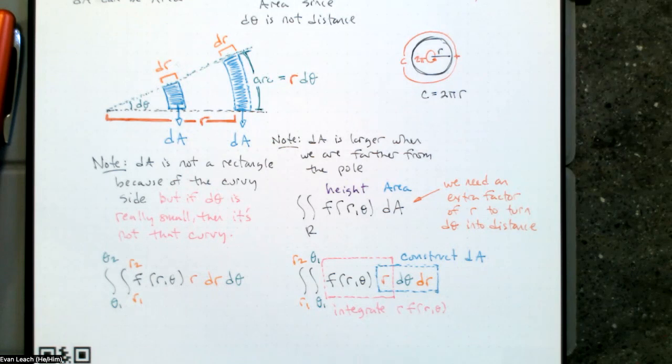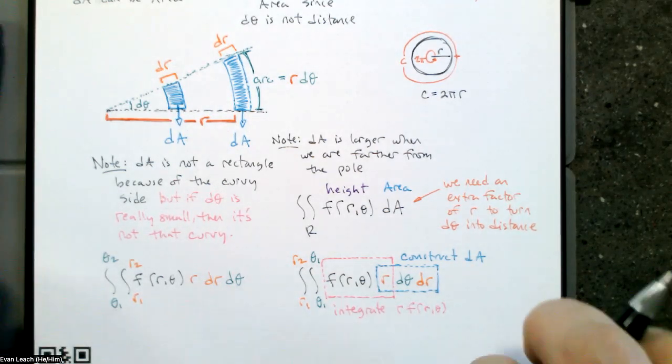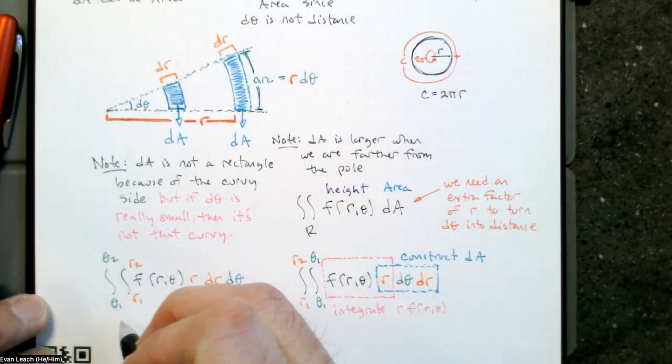So we generally agree for setting up double integrals, we're going to keep r non-negative, and we're going to make theta between 0 and 2 pi. If we let theta go from, say, 0 to 3 pi, we're going to count that upper first, second quadrant twice, and we don't want to do that. So for double integral purposes, keep theta between 0 and 2 pi.